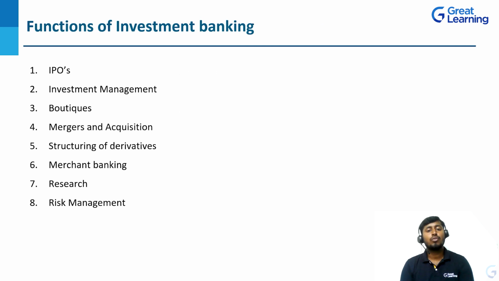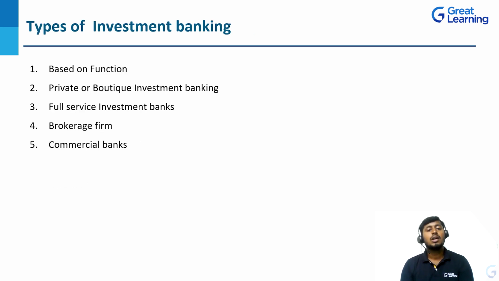Next, functions of investment banking, that is initial public offering, investment management, boutiques, mergers and acquisitions, structuring of derivatives, merchant banking, research, risk management. Next, we discussed types of investment banking, that is based on function, sell side or buy side function, private or boutique investment banking, full service investment banks, brokerage firms, and commercial banks. So these are the few types of investment banking we have.